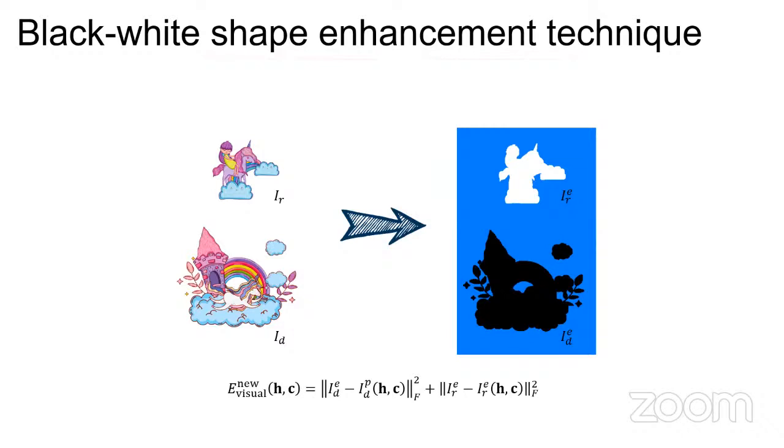So the new visual fidelity term becomes the difference between the black-white enhancement images and the rendered images. This step tries to separate the saucer into two sets of areas. One set is directly seen by the viewer, while the other is indirectly seen by the viewer via a reflection in the mirror.